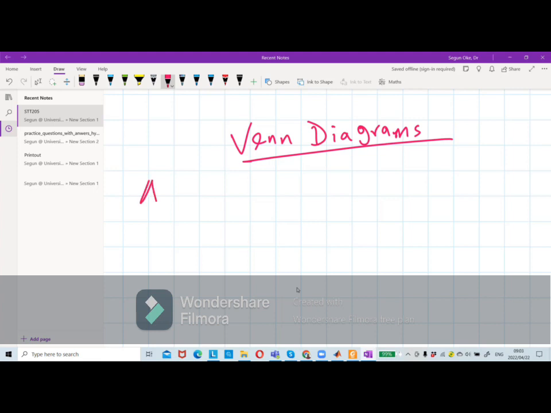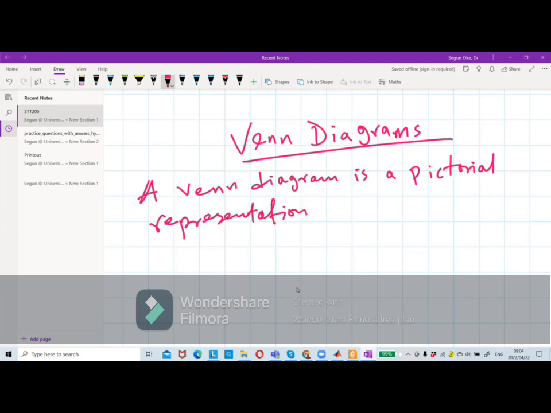For example, we said a Venn diagram is a pictorial representation of the relationship between sets.